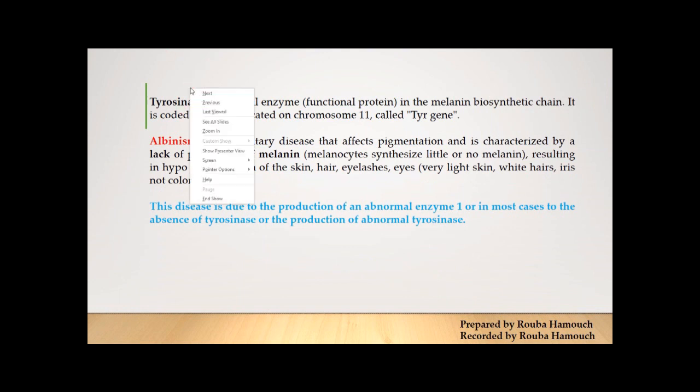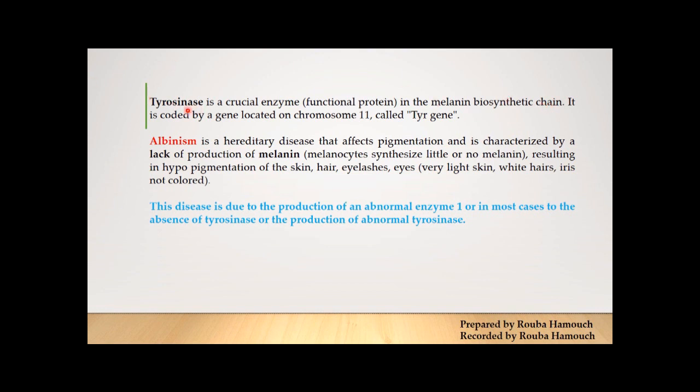So we say that tyrosinase is an important enzyme. Enzyme means functional protein. You know that all enzymes, all hormones are said to be functional proteins. Thus, tyrosinase, which is a functional protein, is an important enzyme involved in the melanin biosynthetic chain.